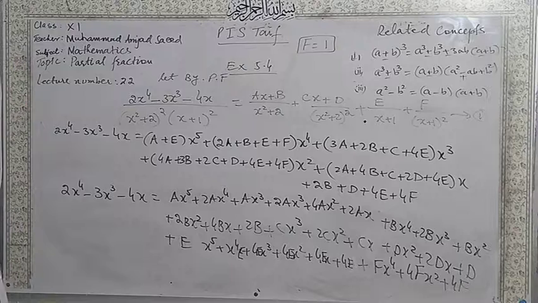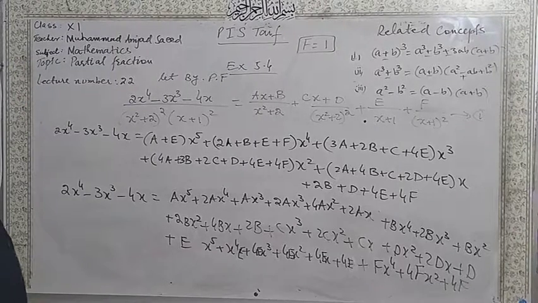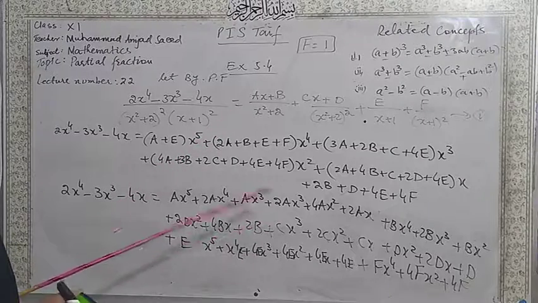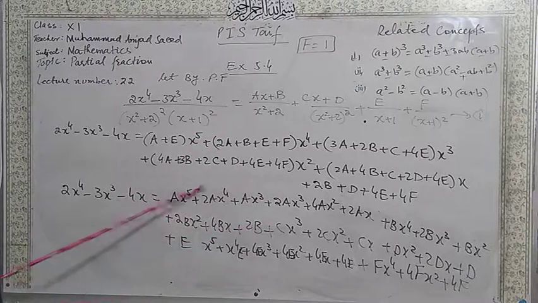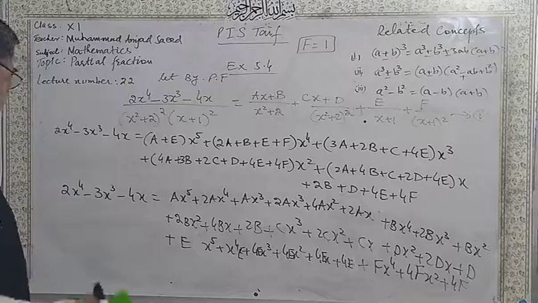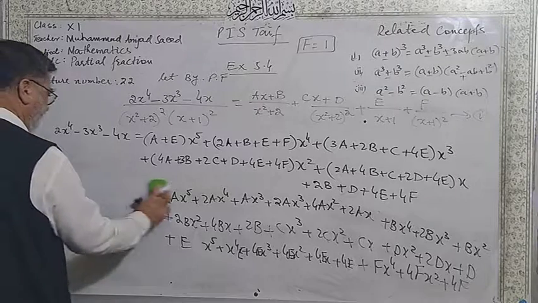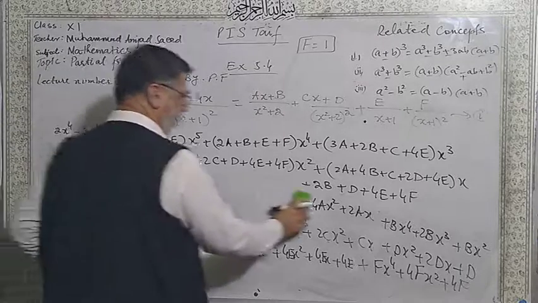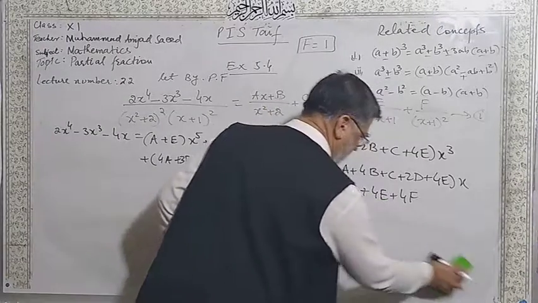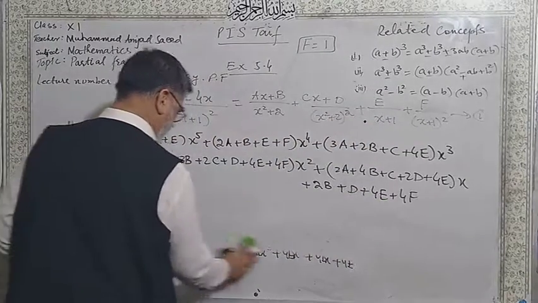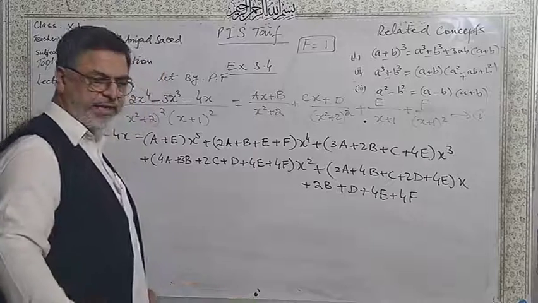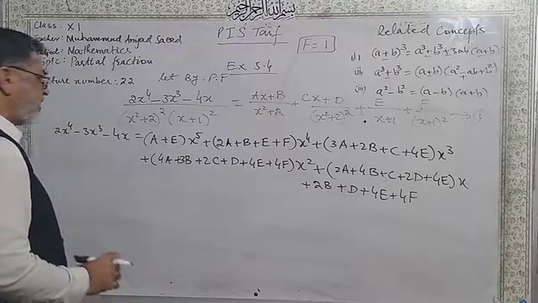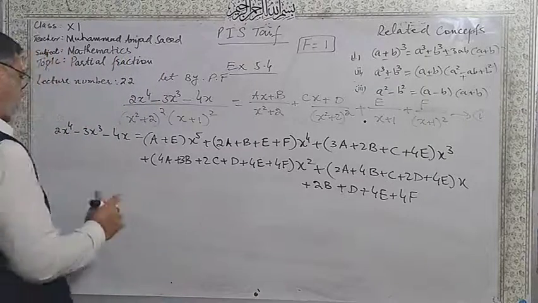So in this way, we have written like terms side by side, and after that we have taken the common from them and are comparing coefficients of x5, x4, x cube, x and constants.